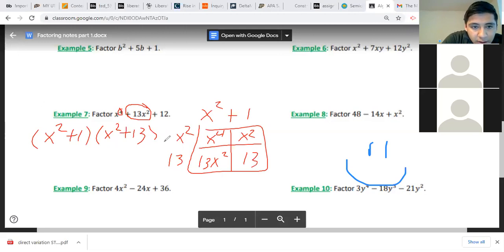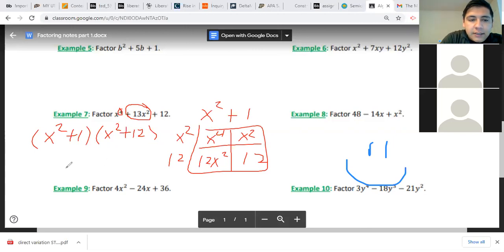Well, actually, I wrote that wrong. It should have been 12, right? I'm just going to change all these numbers to 12. It should have been x squared plus 1, x squared plus 12.